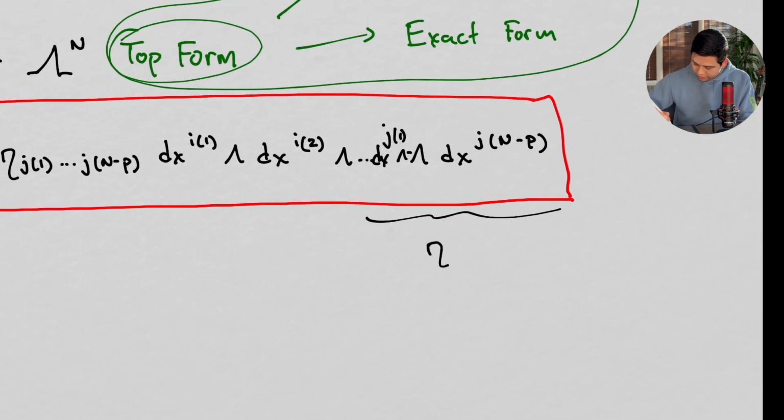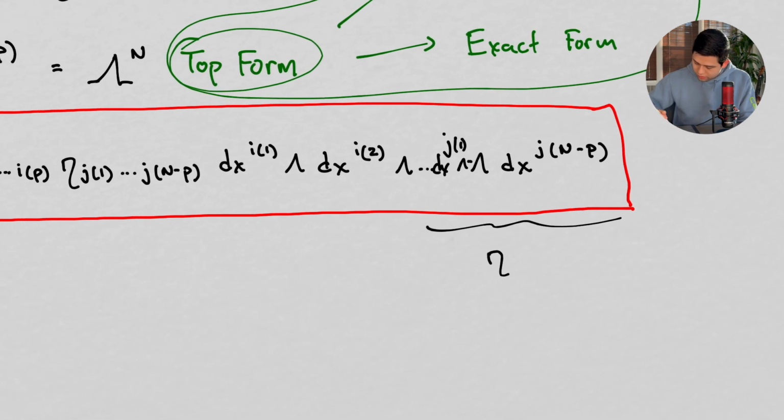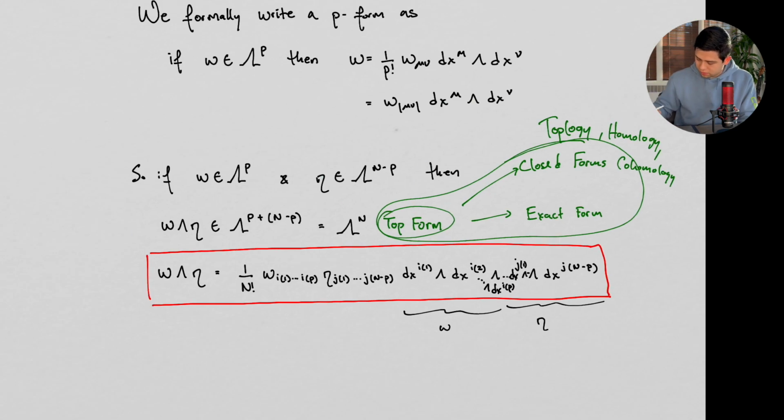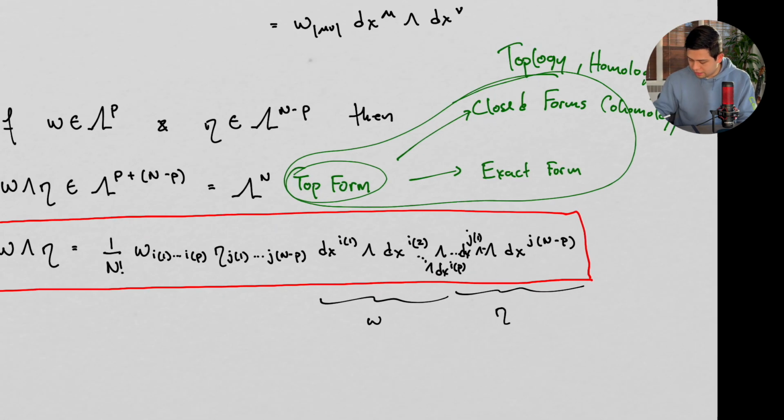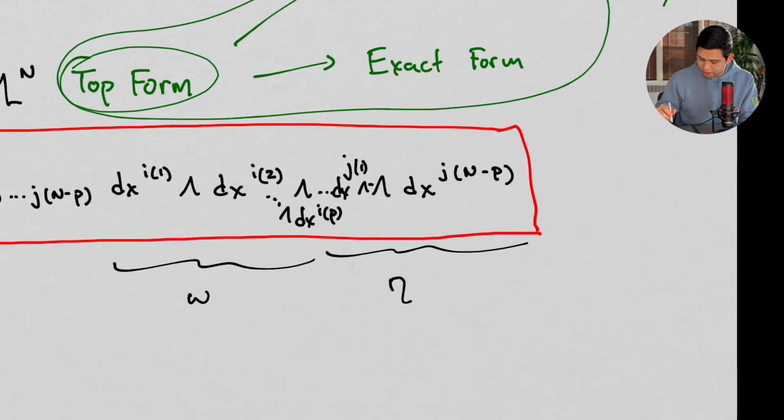These are part of eta. And then these guys will wedge to dx I p. These are part of omega. So that looks a little bit messy, but again, I kind of just expanded that. Okay.